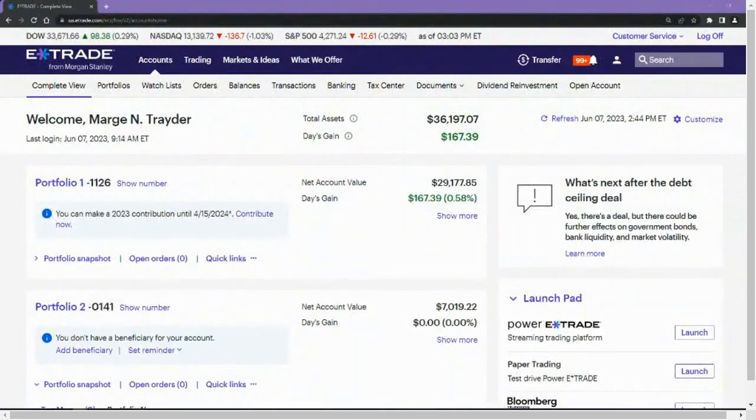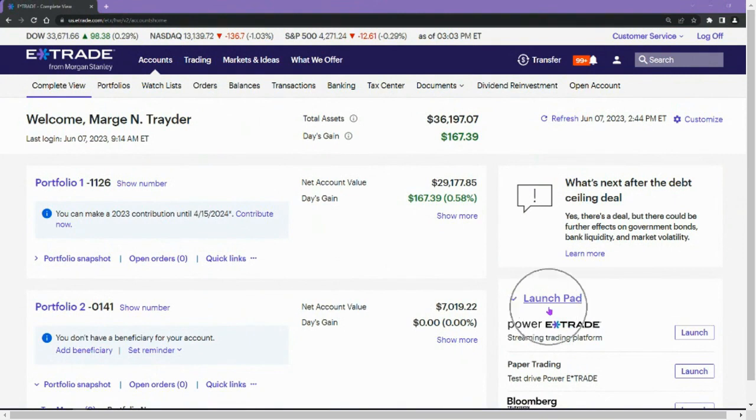Okay, so here's the complete view page. You can see I've got a little alias of the account holder there, Margin Trader. I'm not going to go through a big tour of this, but I just simply want to draw your attention over here to the launch pad.